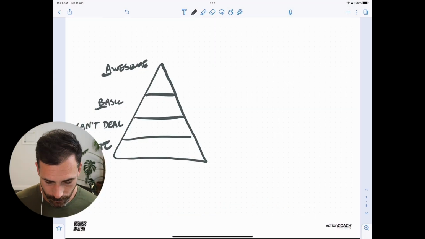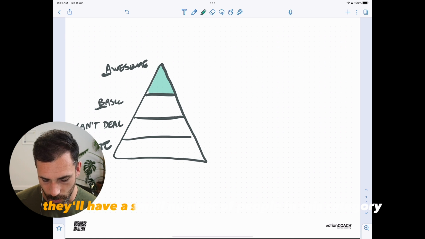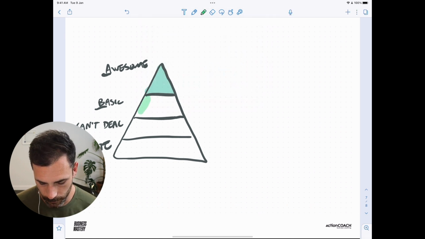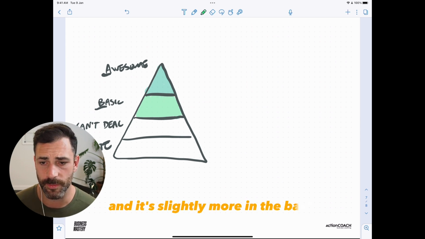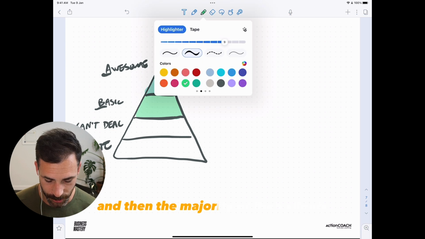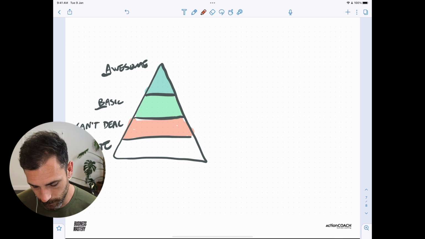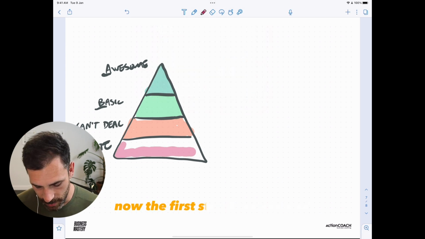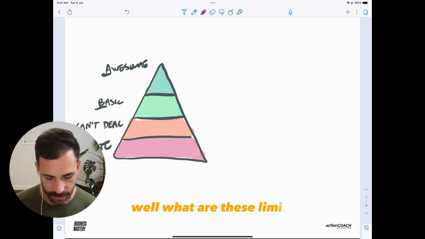Now, most people in their business will have a small number of people in this category, and slightly more in the basic, and then the majority of their clients will be in this level here, can't deal with and delete. Now, the first step is thinking about what are the limits.